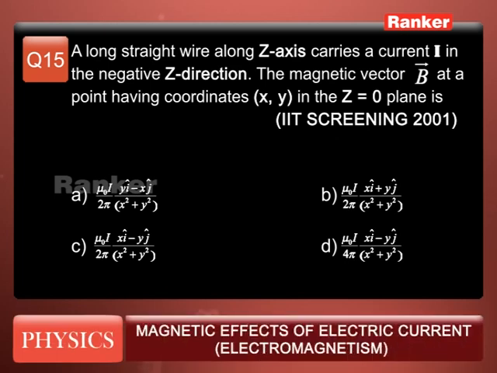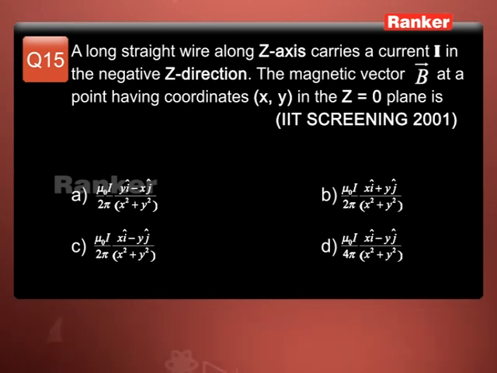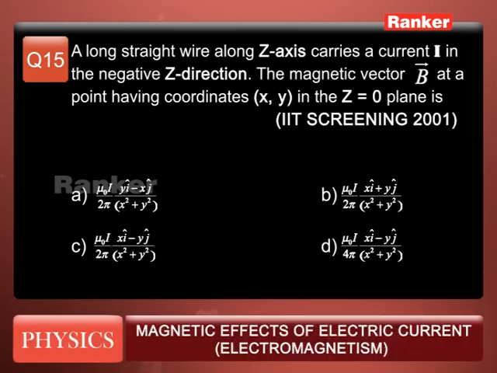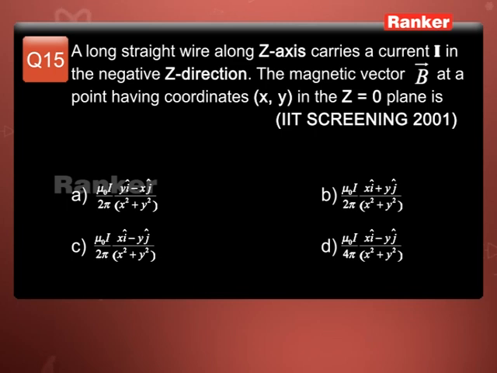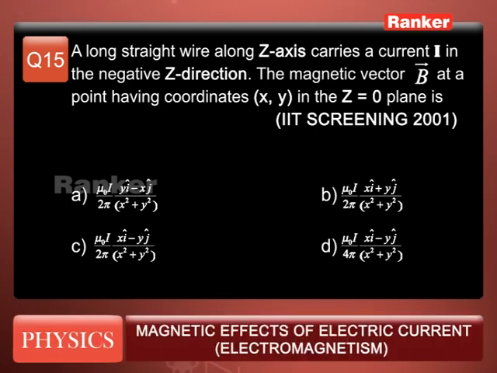A long straight wire along the z-axis carries a current I in the negative z direction. The magnetic vector B bar at a point having coordinates x comma y in the z equal to 0 plane is how much?